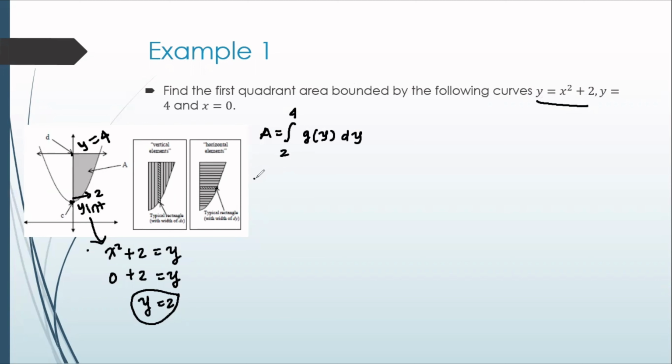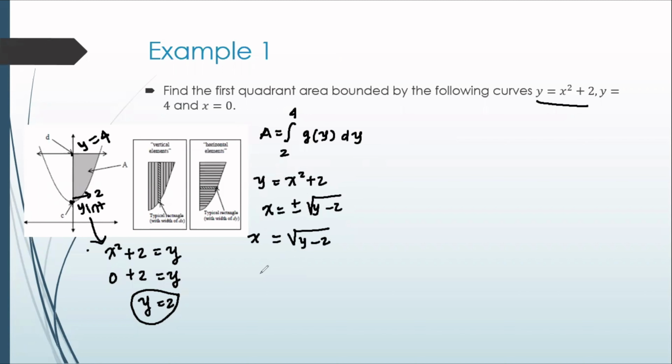So you will have y equal to x squared plus 2, so that x squared is equal to plus minus square root of y minus 2, so we can just directly write x equal to plus minus square root of y minus 2. So we can choose x is the positive side, square root of y minus 2.